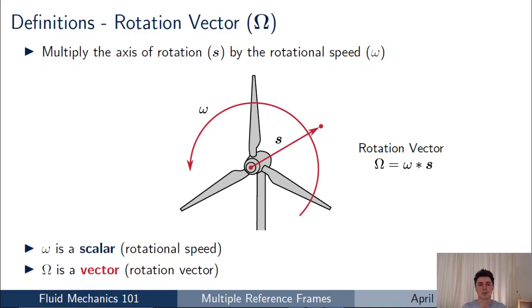So this is a very important point on notation, which you should think carefully about before diving into the derivations: lowercase omega is the rotational speed, so how fast the rotor is rotating, but uppercase omega is the rotation vector. And we're going to need the vector in the derivations that follow. And to get one from the other, just a reminder, you multiply the rotational speed by the axis of rotation S.